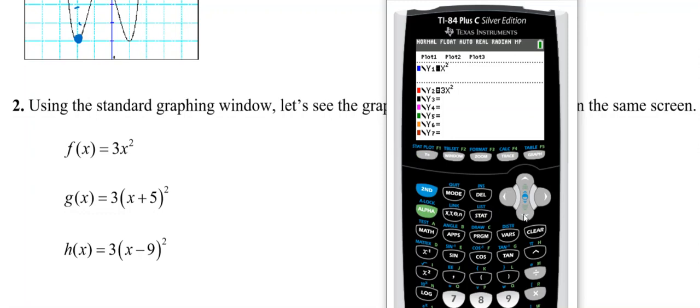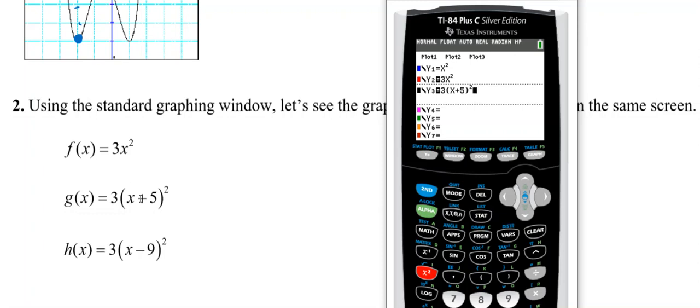And let's look at the graph of g of x equals 3 times (x plus 5) squared. We'll look at that in the standard window. Now, if you remember, we said when the number is right next to x, so this is really f of x plus 5, you just replace x with x plus 5. It's a horizontal shift.